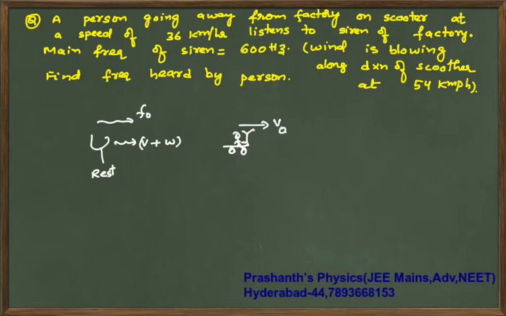Now what is the answer? Velocity of observer is 36 kilometers per hour, which means 36 into 5 by 18, 18 ones, 18 twos, 10 meters per second.